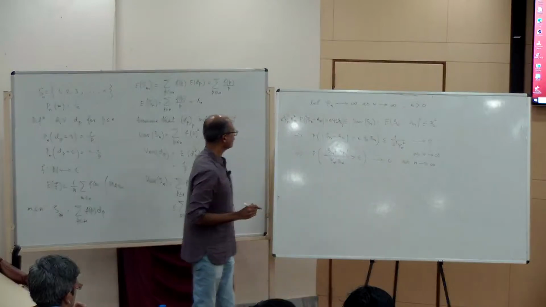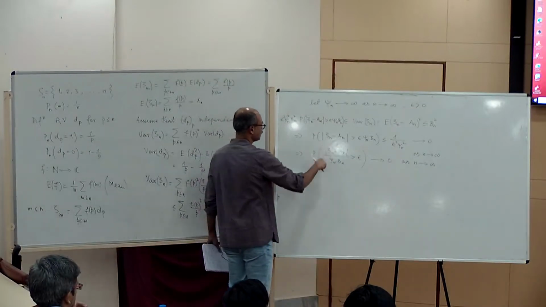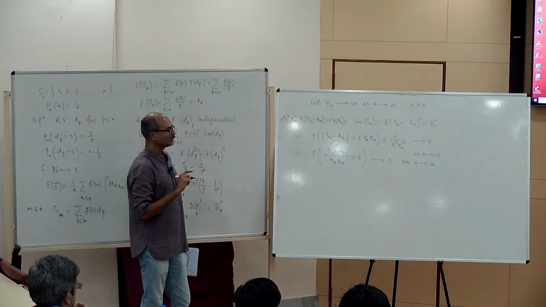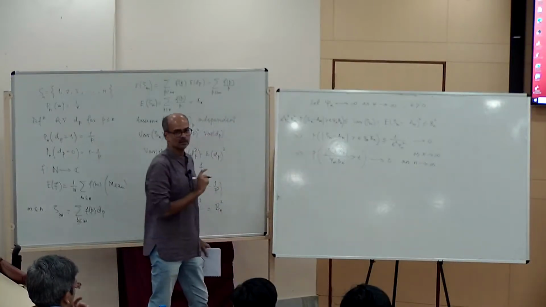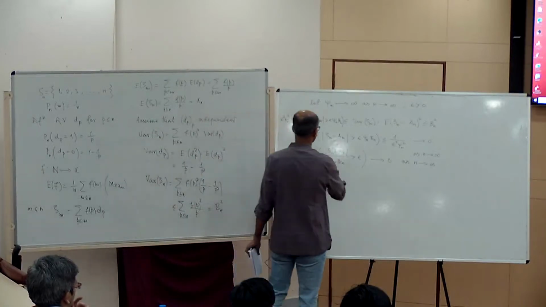In other words, this random variable converges to 0 in probability. That is the definition, right.